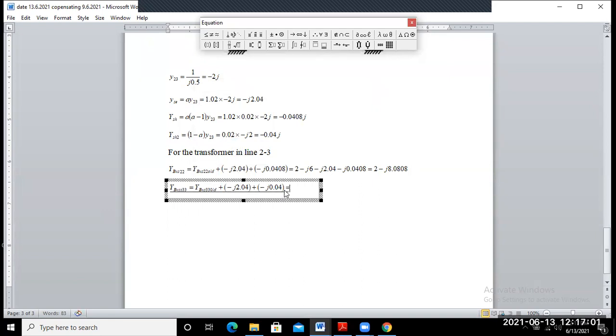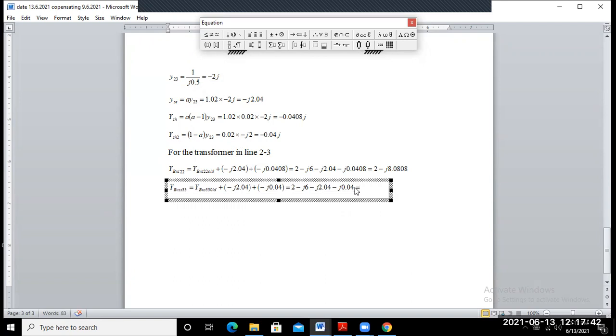So equals 2 minus j6 minus j 2.04 minus j 0.04. What is the value?